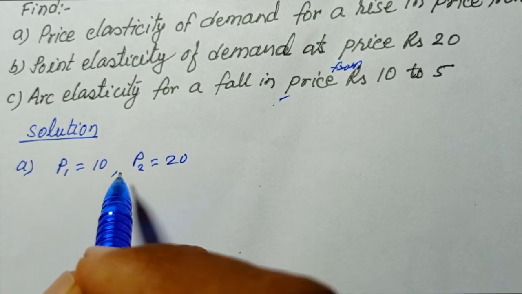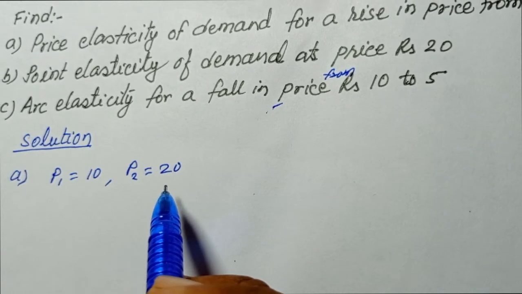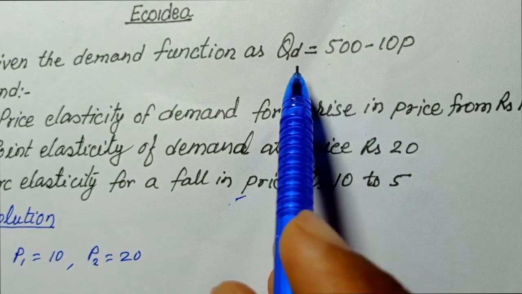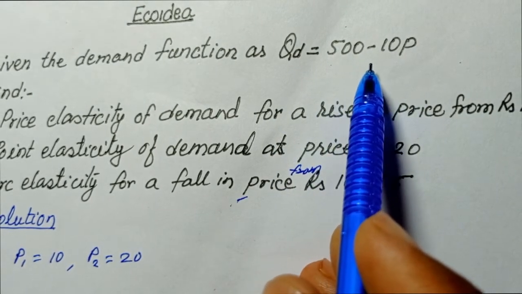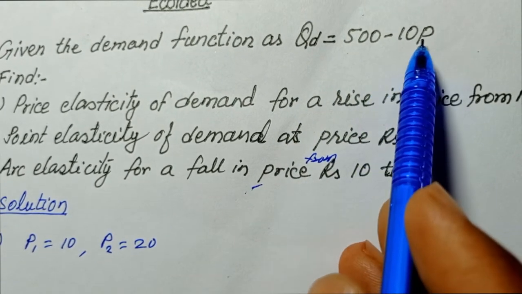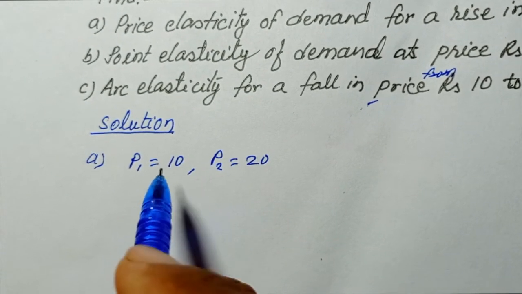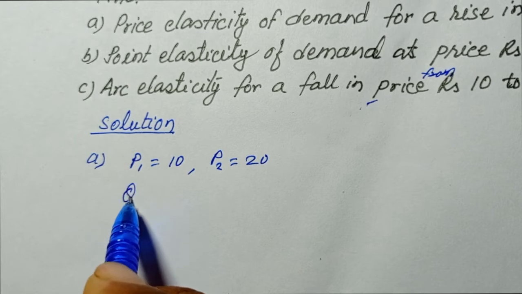This is the initial price and a new price, and you have not been given quantities here, only the demand function. We should find out quantities by substituting P with their respective prices. First of all, let us find out Q1.